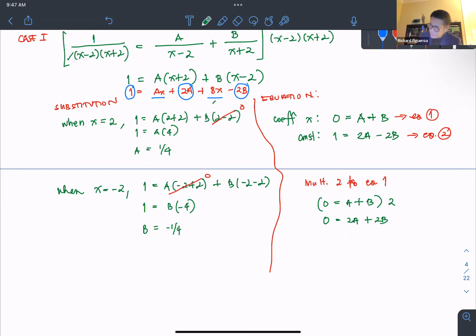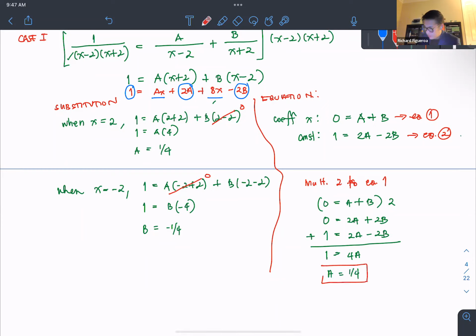And then I'm going to use equation number 2, which is 1 is equal to 2a minus 2b. I'm going to add the two. So 0 plus 1 is 1. 2a plus 2a is 4a. 2b minus 2b is 0. So therefore, what is a? a is 1/4.